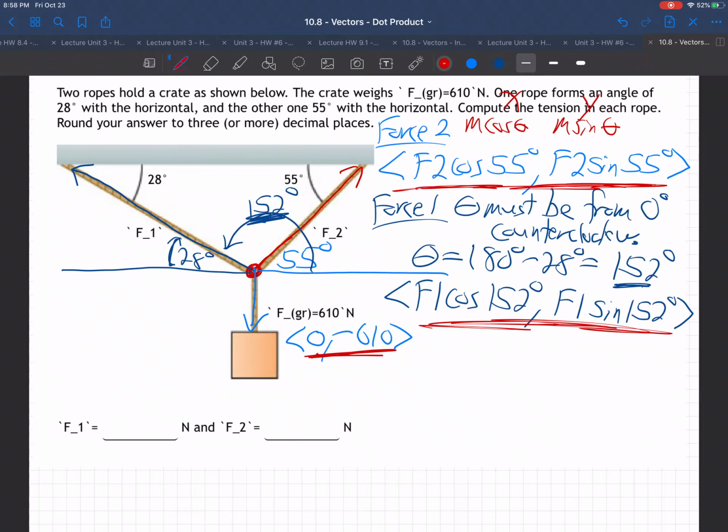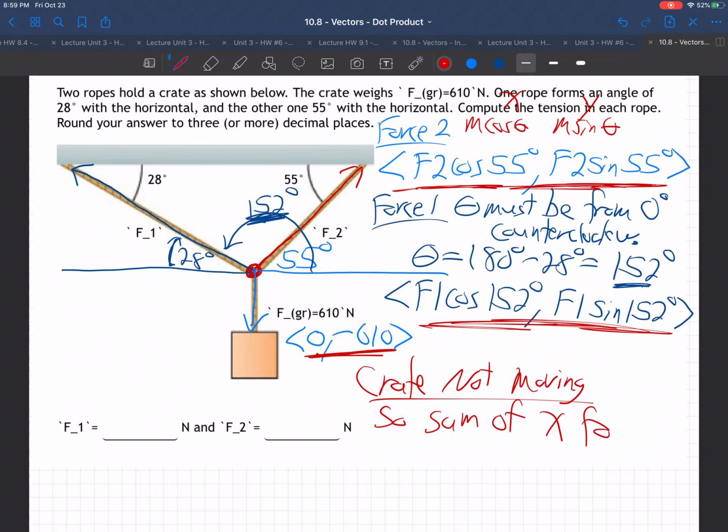Now, what do we do now? Well, the crate's not moving. It's standing still. So what that means is all the forces are in balance. When the crate is not moving, the sum of the x forces equals 0 and the sum of the y forces equals 0.